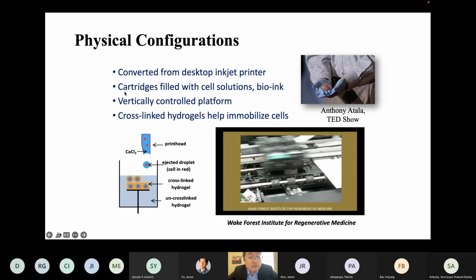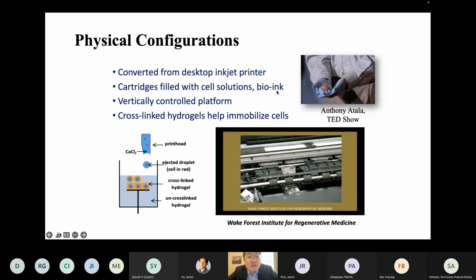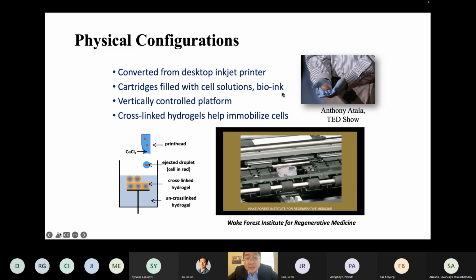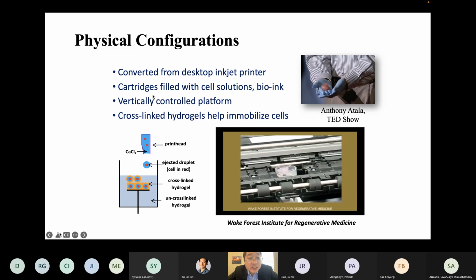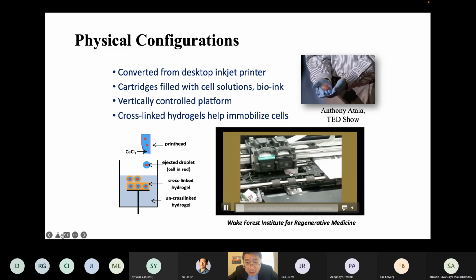They certainly need to cleanse the cartridges, and make sure the cartridges are fully converted to be biocompatible. Then they put cell solutions, which they call bio ink, into their printer cartridges, and they convert this platform.